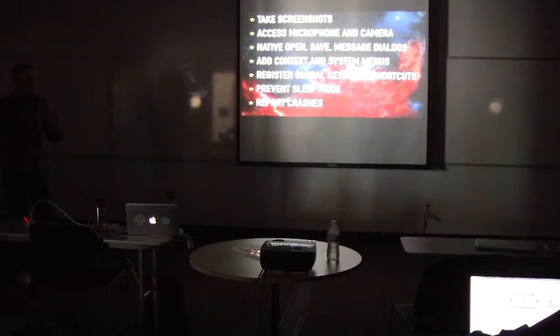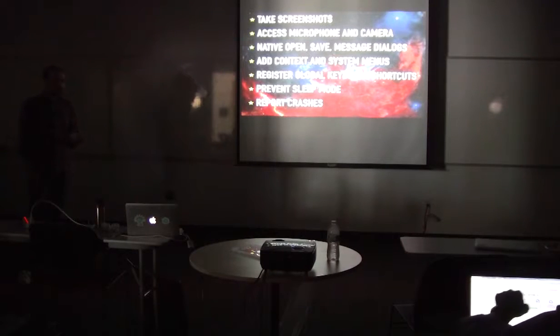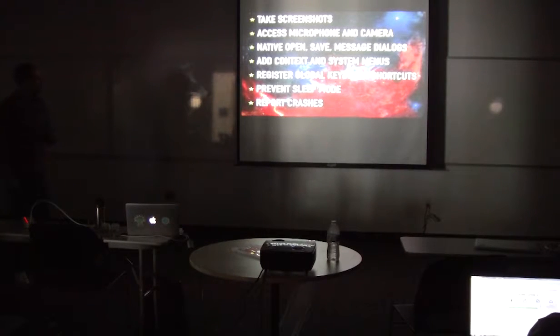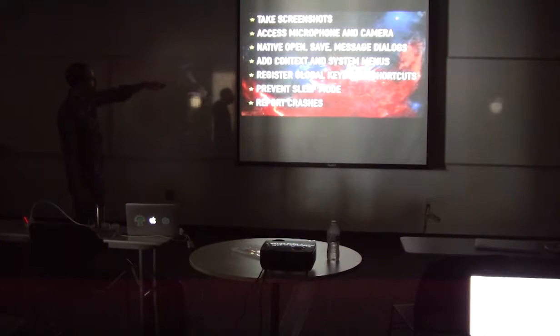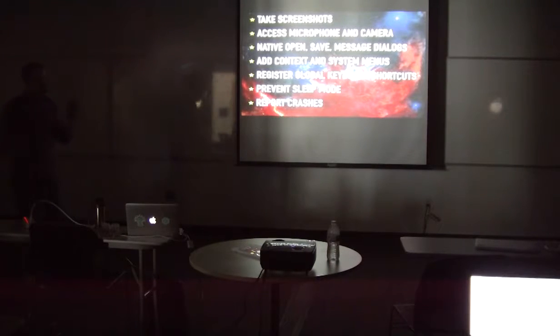So your app starts, and you can immediately start listening on your microphone or taking pictures with your camera, using the standard HTML, JavaScript APIs for that. You can also use native dialogs. Say you want to show a save dialog or an export dialog or an open dialog. Electron has cross-platform APIs to do all of those using the standard native look and feel dialogs that you would expect in other apps. You can also add context and system menus.